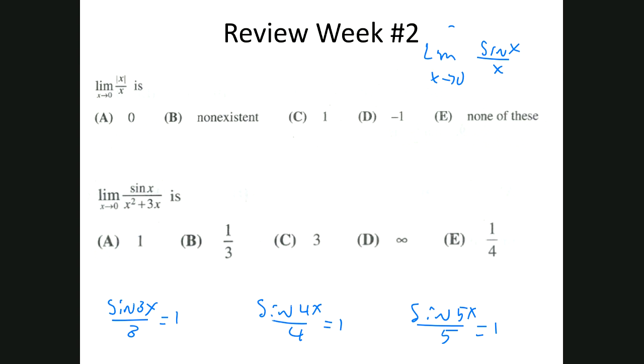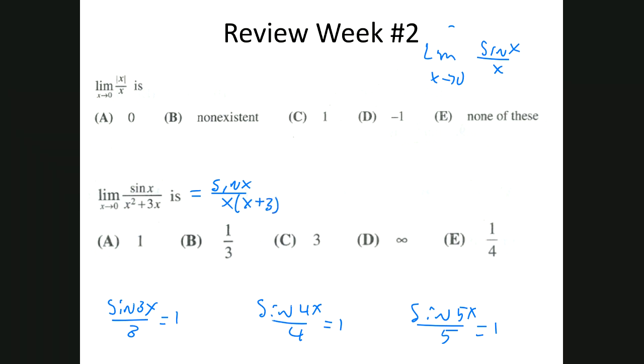So I'm going to try to rewrite this thing. If I can rewrite this as the sine of x over x, that's just 1. It would just cross off, right? So, if I factored the bottom, doesn't the bottom factor to x plus 3?